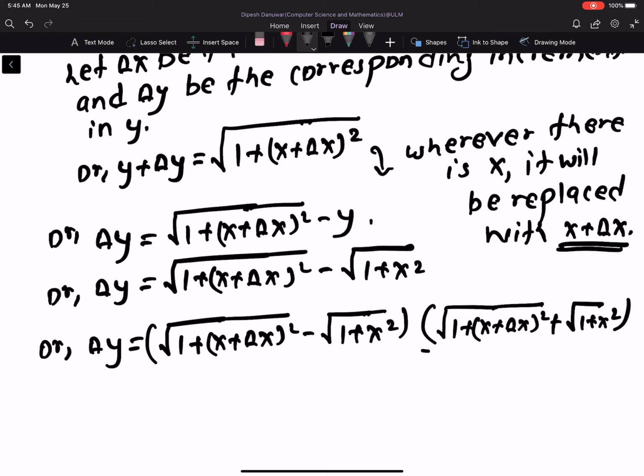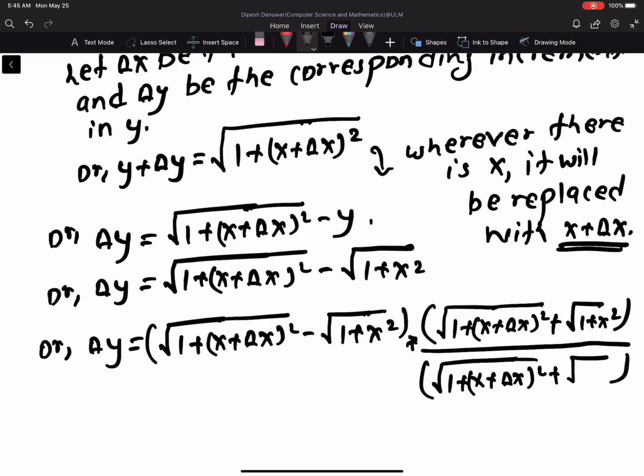You are rationalizing, so I am using plus, dividing by the same thing, root under 1 plus (x plus delta x) whole square plus root under 1 plus x squared, right?